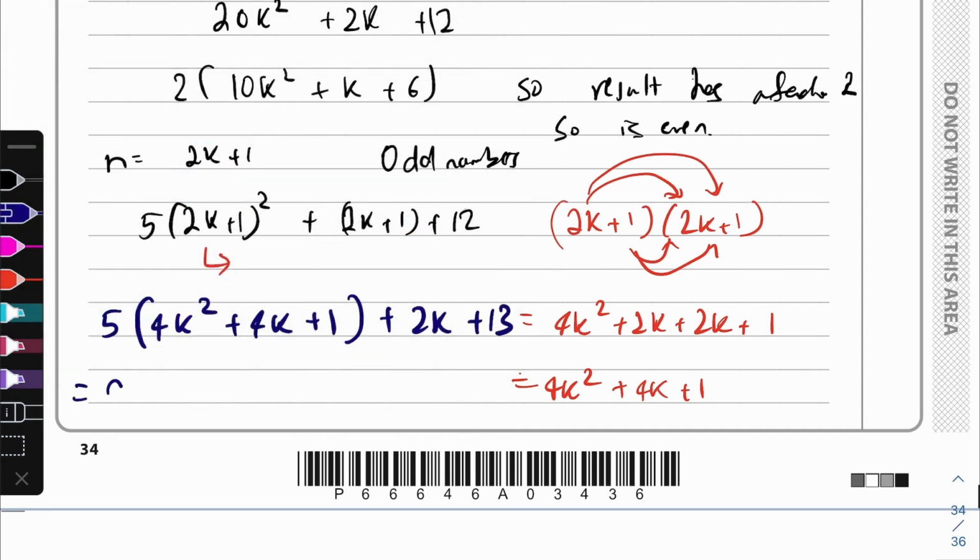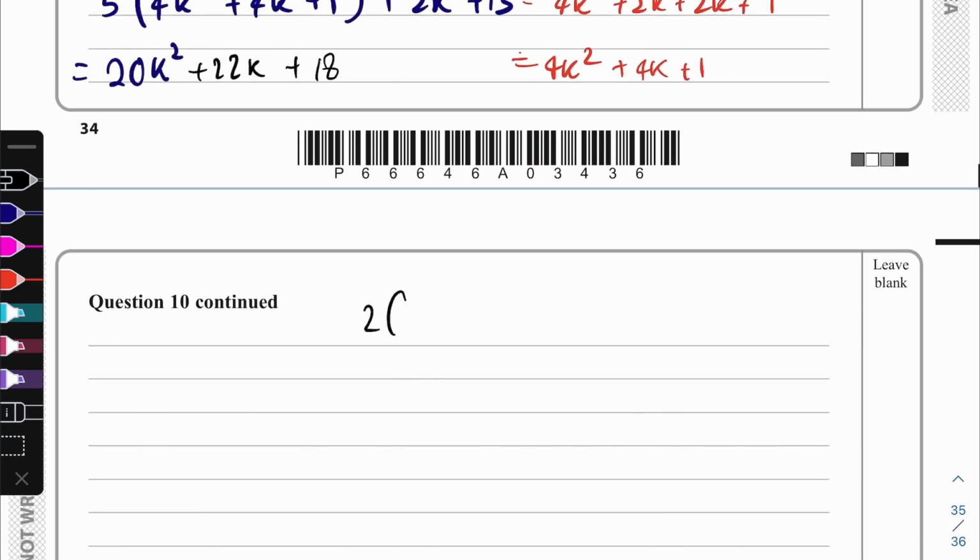Then we get 20k squared. So this becomes 20k plus another 2k. We're adding the plus 2k separately. This is not in the brackets. So this becomes 22k plus 5 plus 13, which is 18. Then we can say that 2 goes into 10k squared plus 11k plus 9.